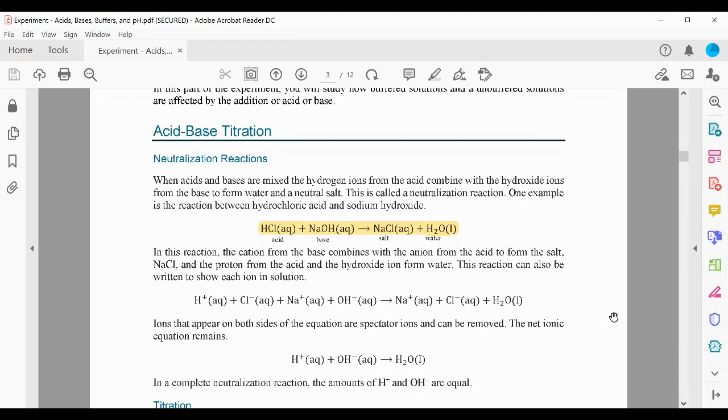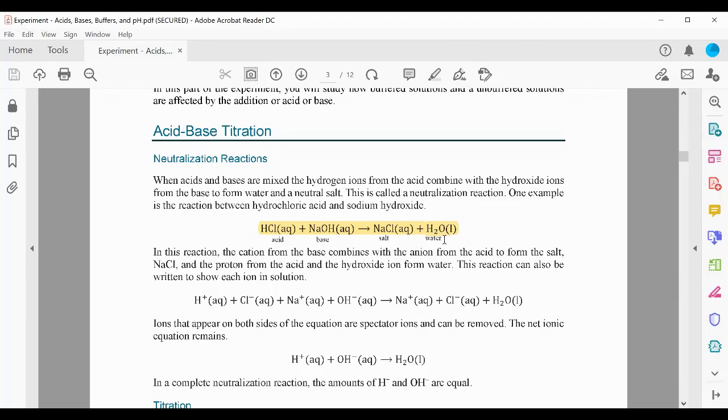I forgot to say that when the neutralization reaction is complete, you have a salt and water. What does that mean? That the concentration of hydroxide ions is the same as the concentration of proton ions.